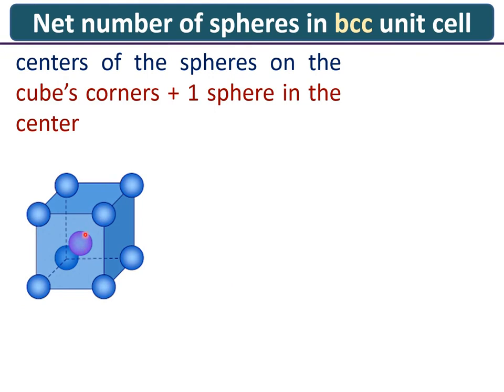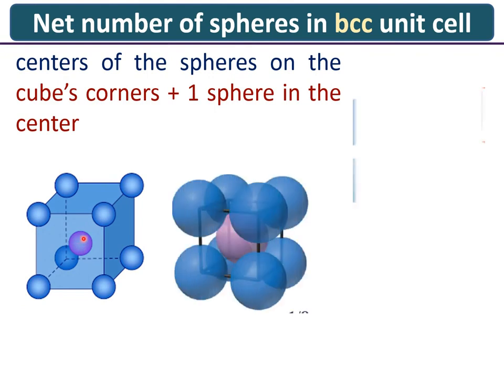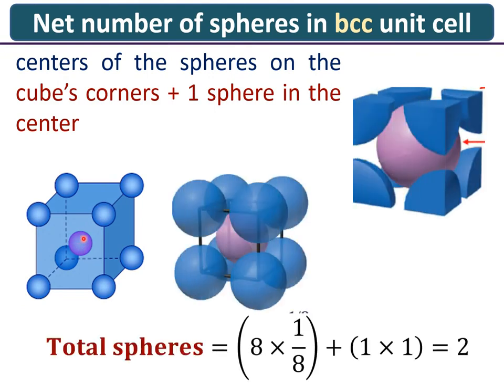So overall, we have 8 times 1/8 plus 1 times 1, which equals 2. Okay, I will stop here and continue in the next lecture about the density of loose packing.